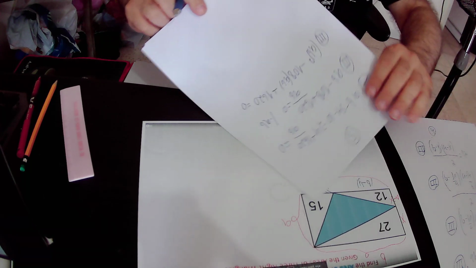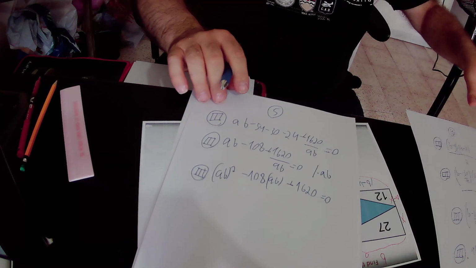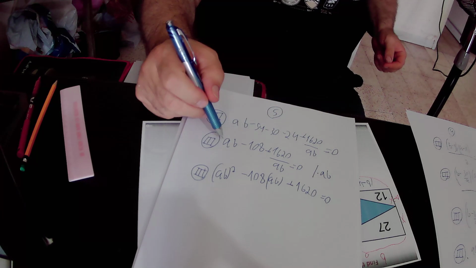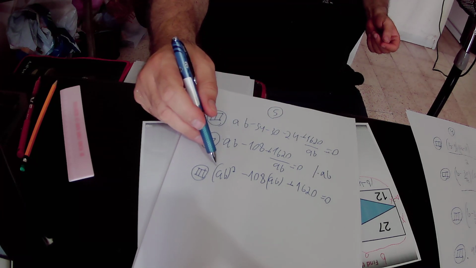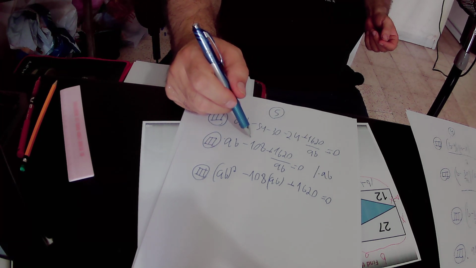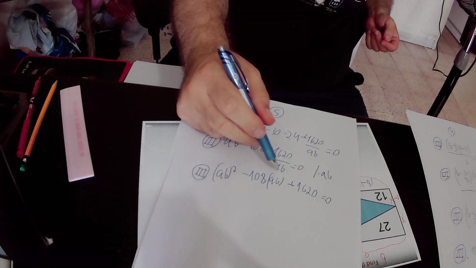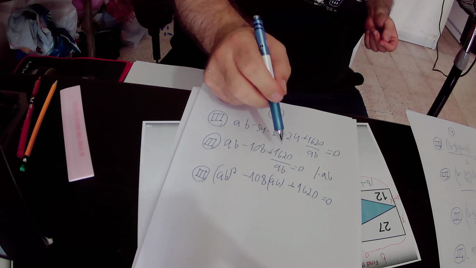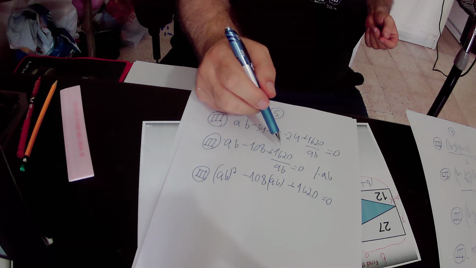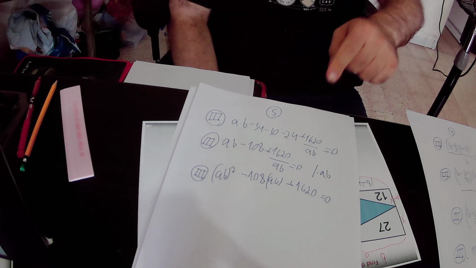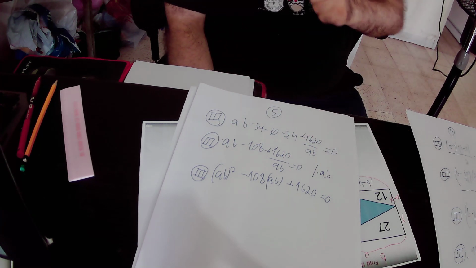Okay, repeat again. We multiplied both sides of the equation by ab, so ab times ab is ab squared, negative 108 times ab is negative 108ab, 1620 divided by ab times ab gives us 1620, and 0 times ab is 0.